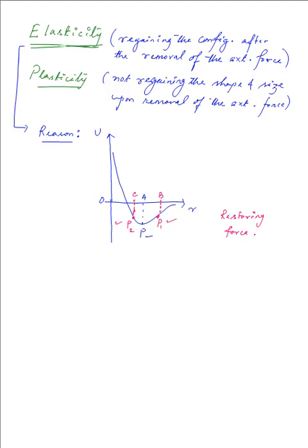The elastic body has a restoring force which allows it to get back to its initial shape or form, whereas there is no such restoring force in the case of plastic objects, and that is the reason why they do not get back to the initial state, and they are happy to stay in the state they have been subjected to.